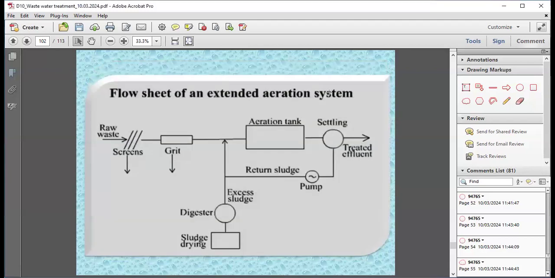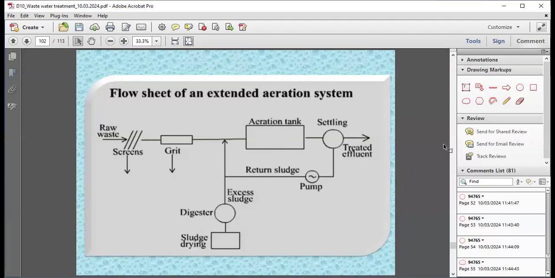The flow sheet of extended aeration. Aeration is injecting the air. Raw waste, then the aeration, injecting the air into the tank, settling, treated effluent, the pump return sludge, the sludge drying digester.